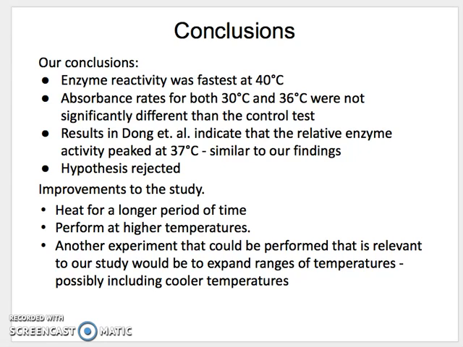One major difference between our results, however, was that our activity decreased at 30 degrees Celsius and 36 degrees Celsius and were lower than our control sample at 24 degrees Celsius, whereas the results in the Dong et al. experiment were consistent.